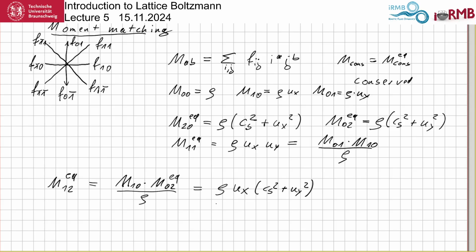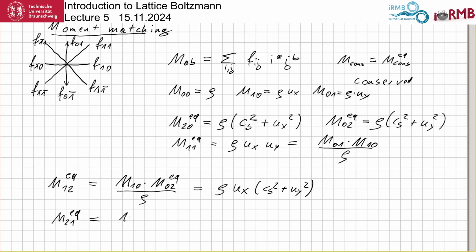And by the way, if you take the third order moment from the Maxwell-Boltzmann distribution, exactly this comes out, of course, because this is how the Maxwell-Boltzmann distribution is constructed: finding the x component independent of the y component. So then this is an obvious result of this.